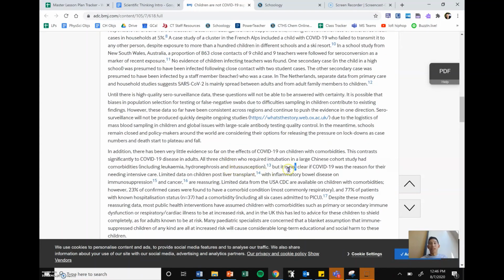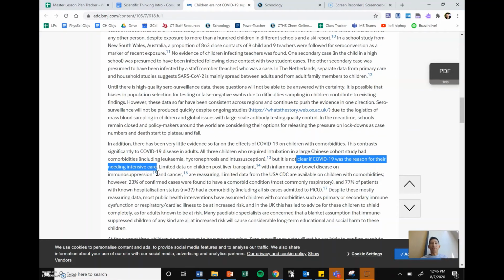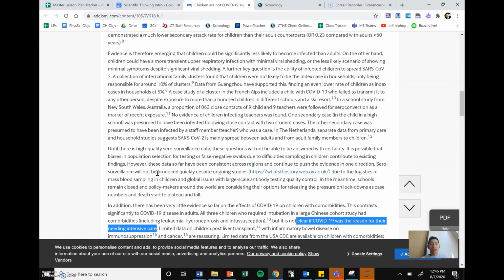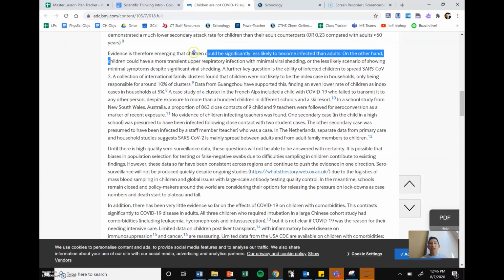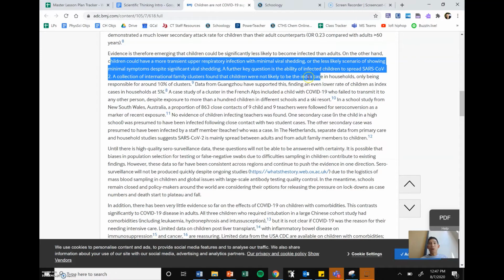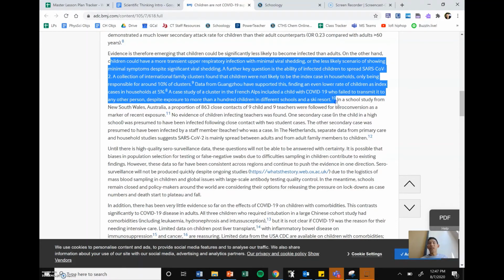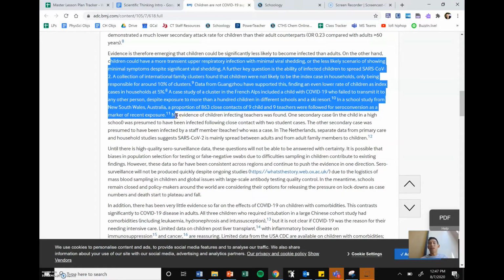But it is not clear if COVID-19 was the reason for their needing intensive care. They go on to cite studies, for example, right here. Evidence is emerging that children could be significantly less likely to become infected than adults. What they do is they cite data from several studies that support this claim.